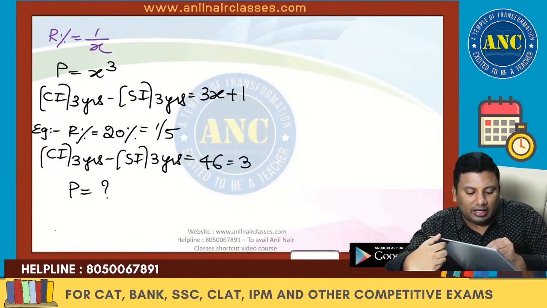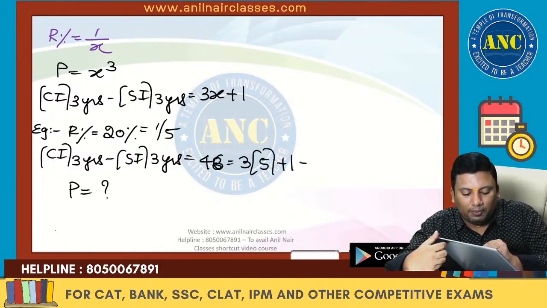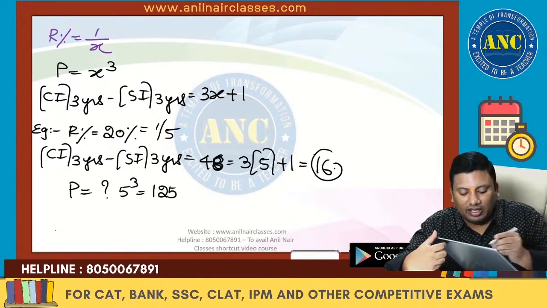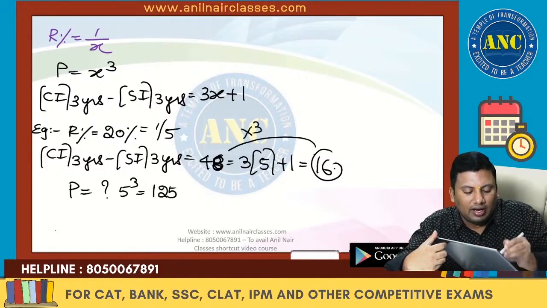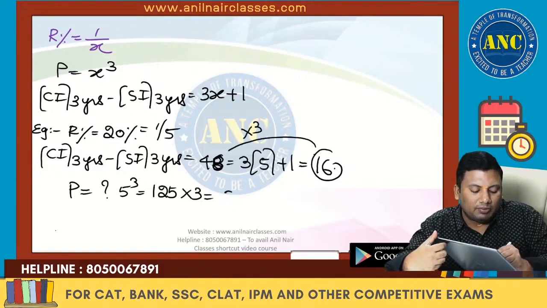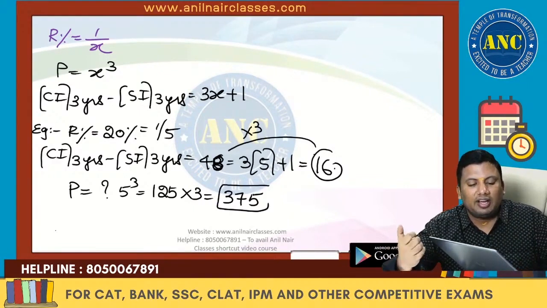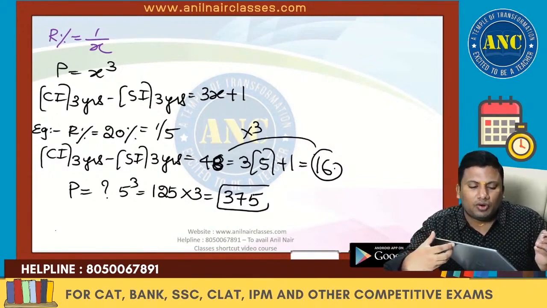These are nothing but 3 into 5 plus 1, 16. If it is 16, I would have got the answer 5 cube, which is 125, because it is 48, which is 3 times. These also will become 3 times. 125 3s are 375. Like that you can solve any question, sir.